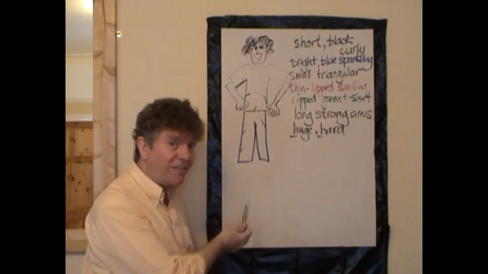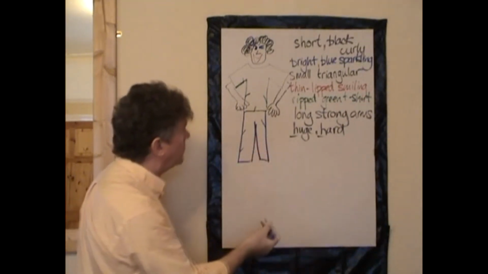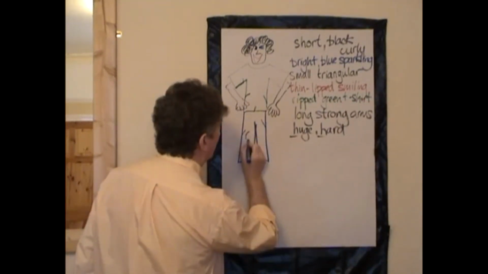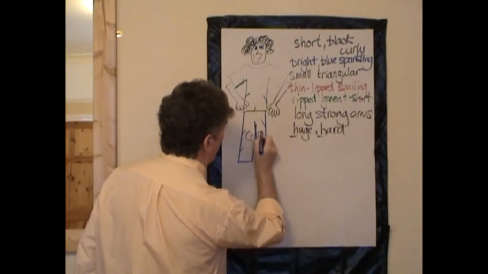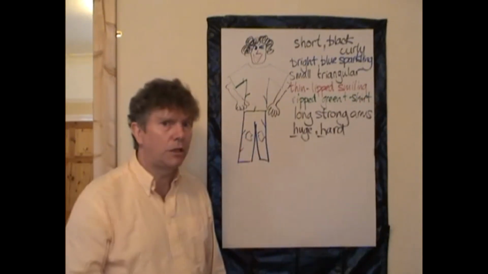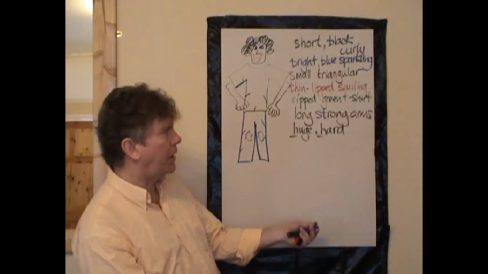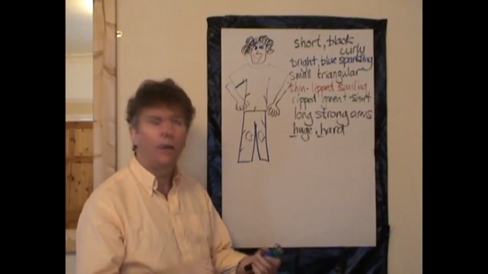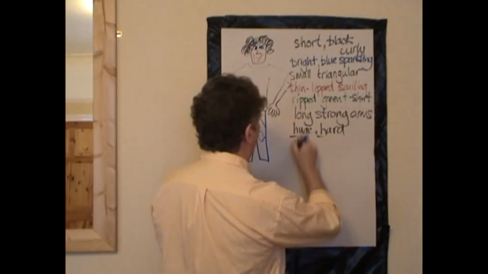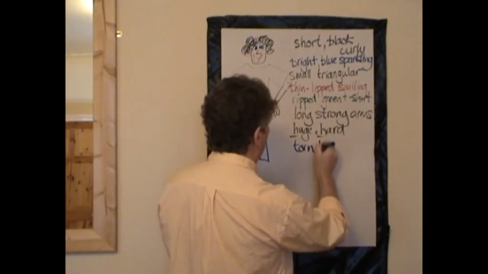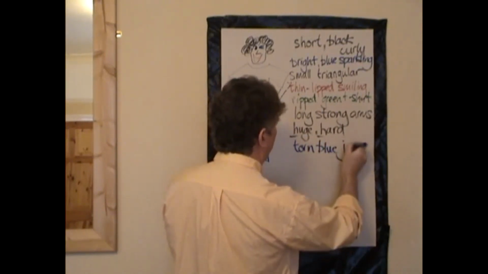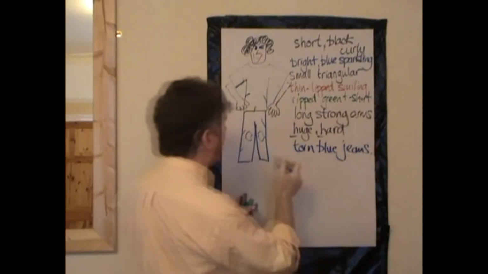And if you give them suggestions, has he got torn knees? Okay, it's torn at the knees. Why are his jeans torn at the knees? Because he plays football, because he works hard. So we've got torn blue jeans.